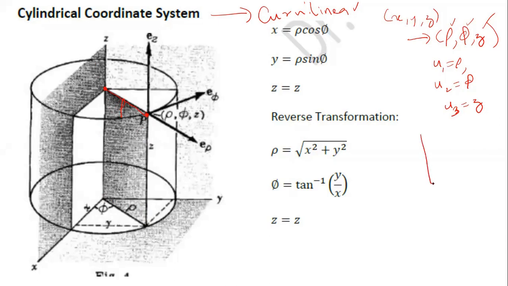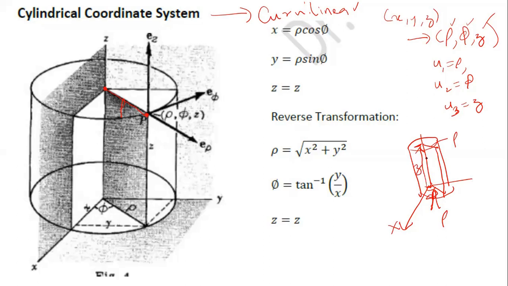Like if you consider a small cylinder, your rho will be this. And your phi coordinate is the angle subtended with respect to the x-axis. And your z coordinate is the distance along the z-axis, or the height along the z-axis, called your z coordinate, right?